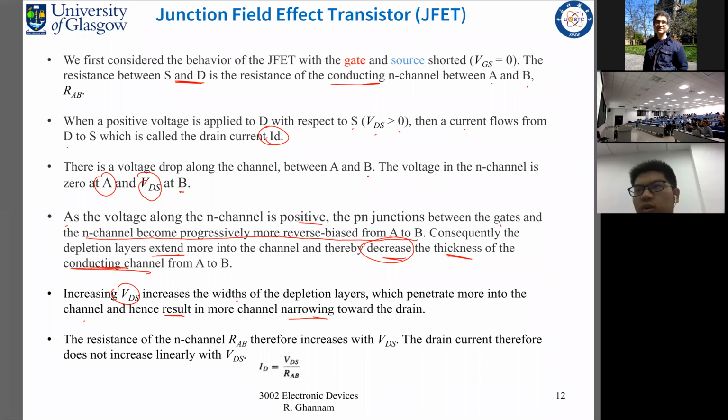The resistance of the N channel RAB therefore increases with VDS. Okay, so the drain current therefore does not increase linearly with VDS.